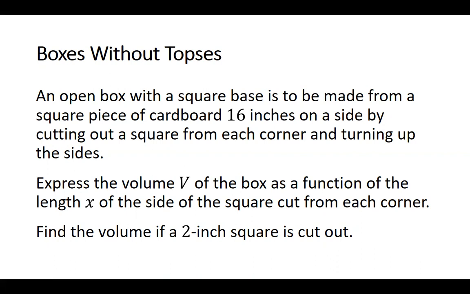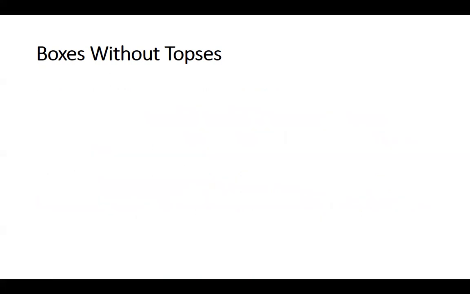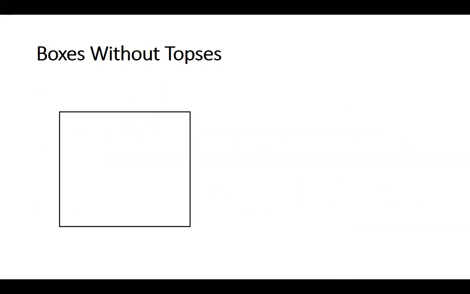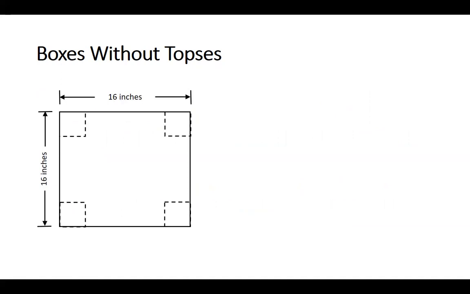So let's look at what's going on with this. First of all, we've got this square of cardboard, 16 inches by 16 inches. We're going to cut squares out of the corners, and x is going to be the length of a side of those squares that we cut out of the corners. If we want to find the volume of the box that's created, remember, volume of a box is length times width times height.